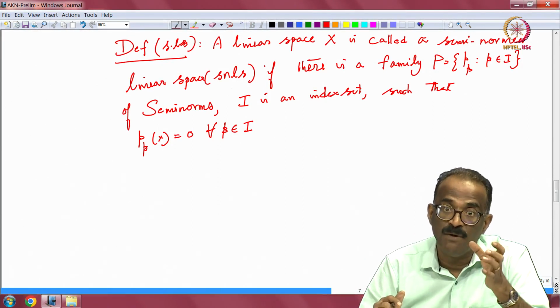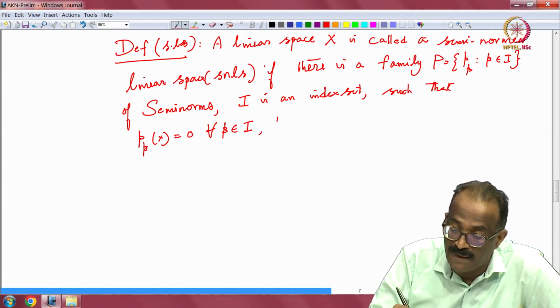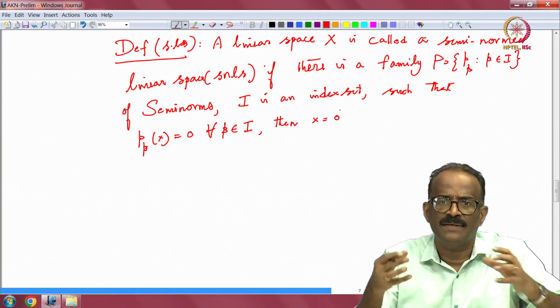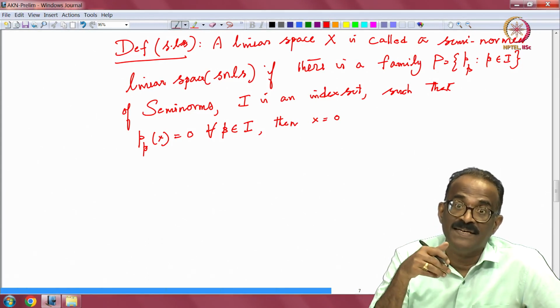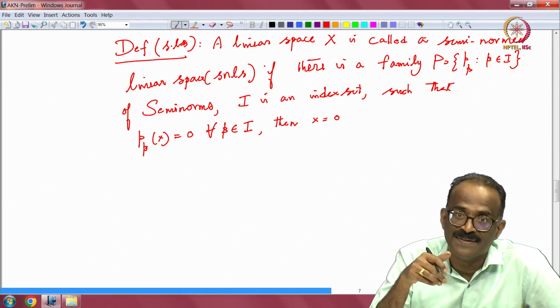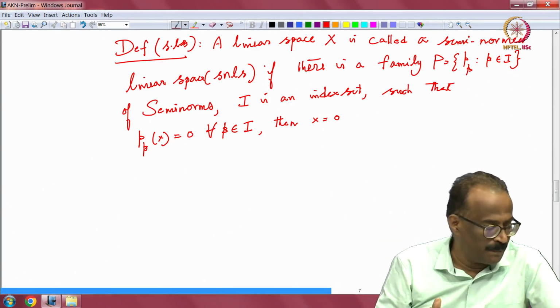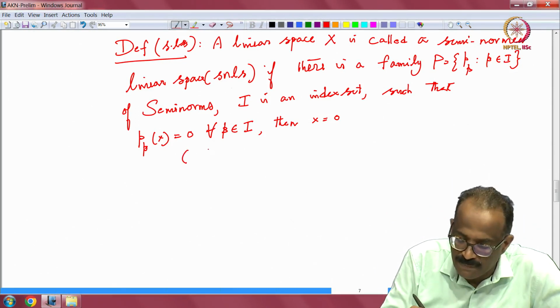But if p beta of x equal to 0 for every beta in I, then we define x equal to 0. That means if x is in the intersection of the sets where p beta of x equal to 0, then you need x to be 0. This is also called the separating property.